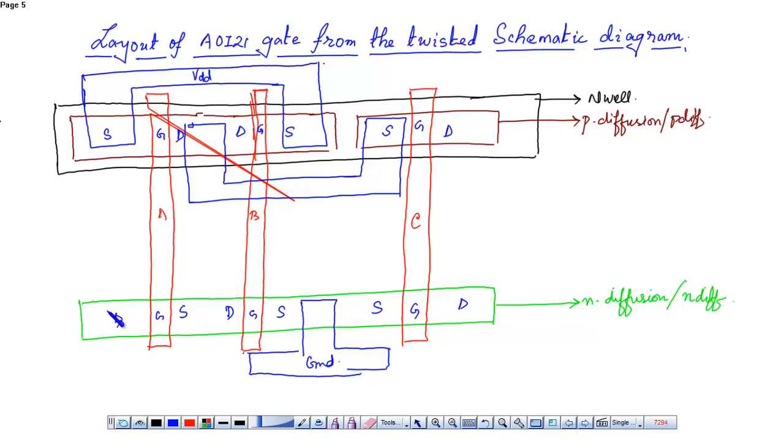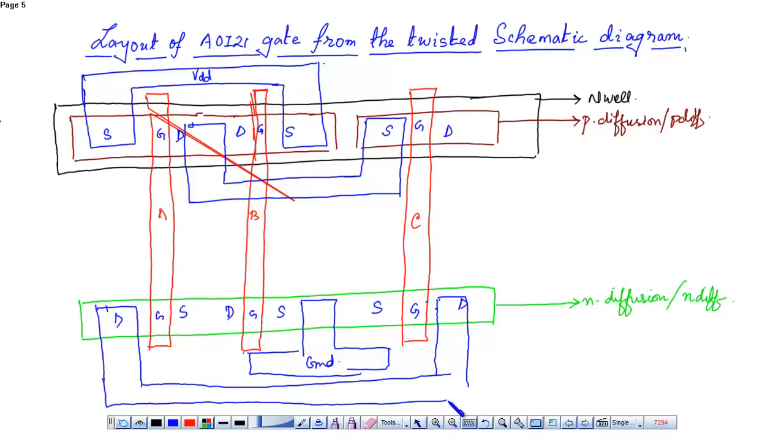And these two drains, okay, now this drain is connected.